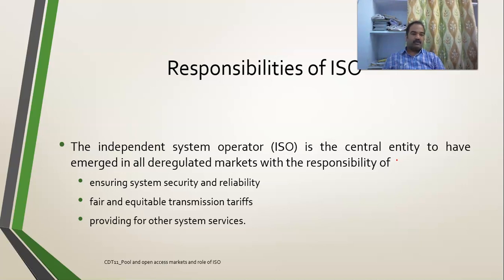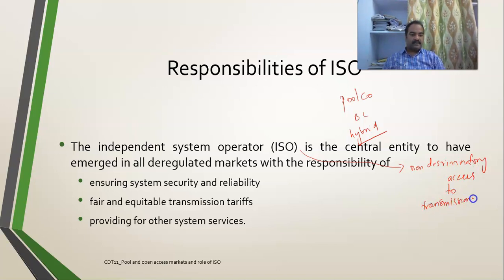So on the whole, in any of these models, whether it is a pool model, poolco model, or bilateral contract model, or hybrid model, the independent system operator has the primary responsibility of providing non-discriminatory access to transmission lines based upon the requests from different participants in the power system. So he has a prime responsibility of providing these transmission services.